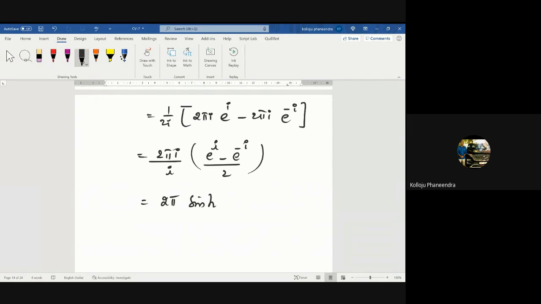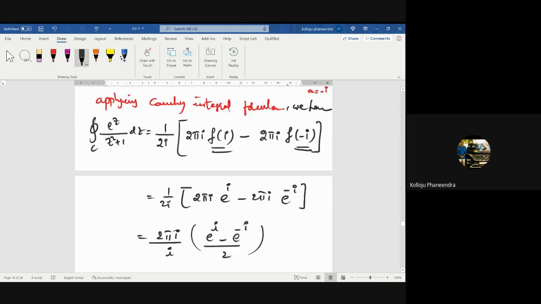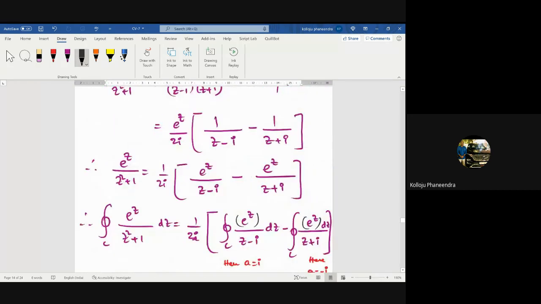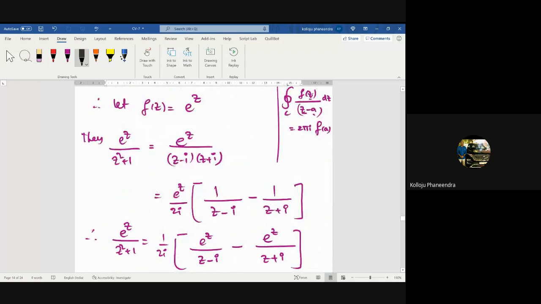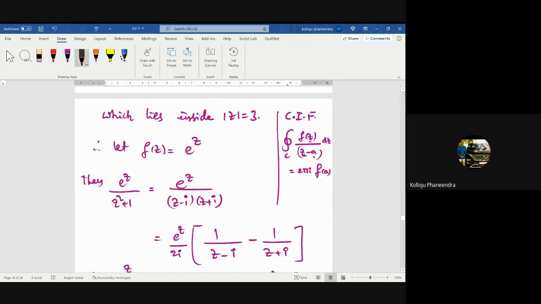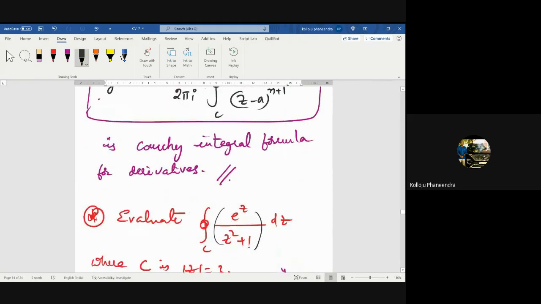Any corrections? If the question is right, wait, there is a change in the question. It is e power tz, sorry, this is in the question.